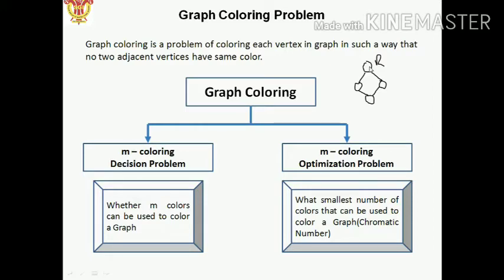For me, it is not possible to fill this node and this node with red color because they are adjacent to this node itself. So to fill this node, I will use green color. Now again, to fill this node, I can use red color itself because this node is not adjacent to this node.